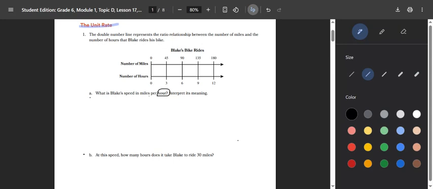Remember, I told you, whatever comes behind the word per, that's what you want to be 1. So if I'm looking at this double number line, I see that for 3 hours, Blake goes 45 miles. So I'm going to get 3 to be 1. To get 3 to be 1, I just divide.